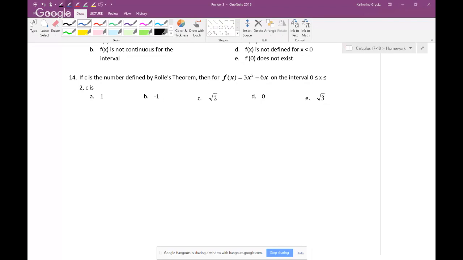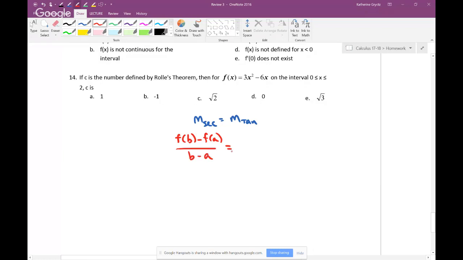So you would have to do your secant, your tan, not your secant, yeah. Minus 6, and you have to do top minus bottom.